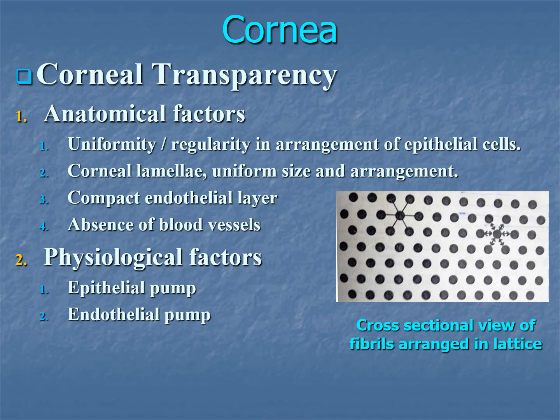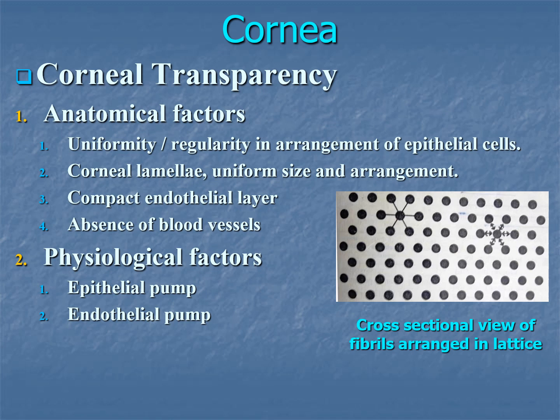They actively pump out the sodium and potassium out of the cornea into the tears by the epithelium and into the aqueous by the endothelial pump. And along with the sodium, potassium, water is drained out, so they maintain a relatively dehydrated cornea.